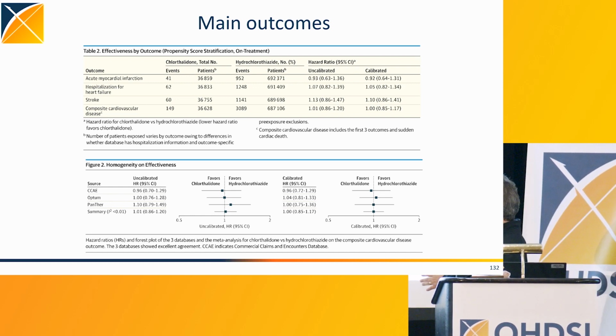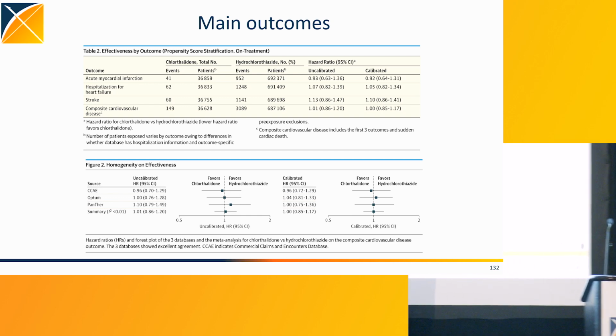You can report characteristics of the individuals, so those starting on chlorthalidone versus hydrochlorothiazide. We have the 40,000 people from New England versus the 700,000 people from the rest of the country. And some hazard ratios.